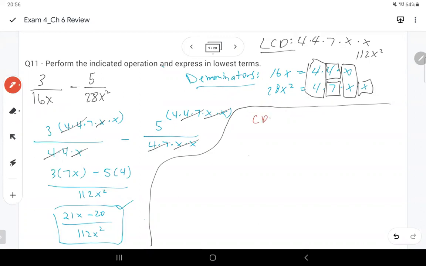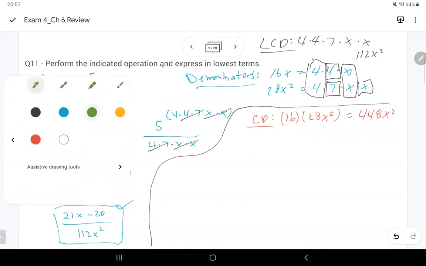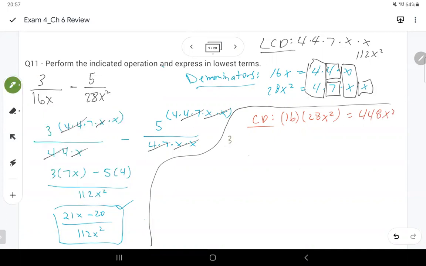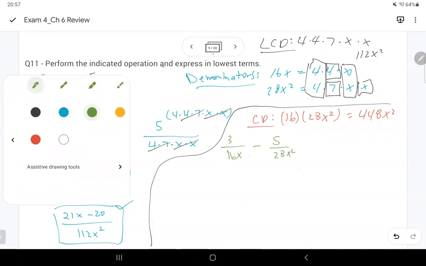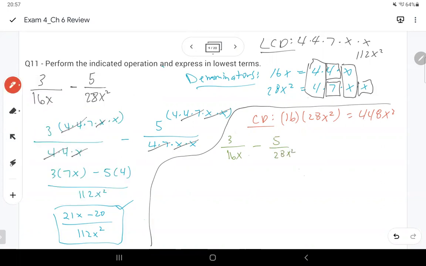If we use just a common denominator of 16 times 28x squared, then you want to come down and go, okay, 3 over 16x minus 5 over 28x squared, and we're going to multiply it by the LCD, which will be 16 times 28x squared.